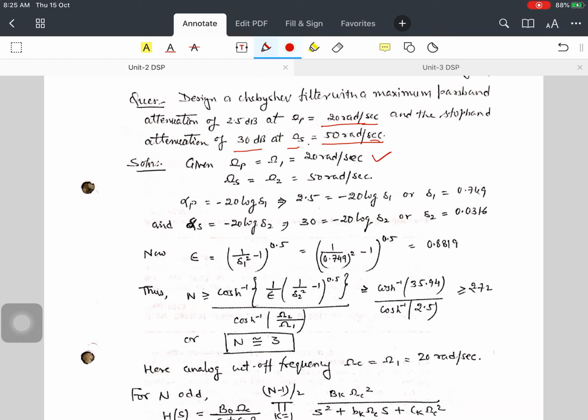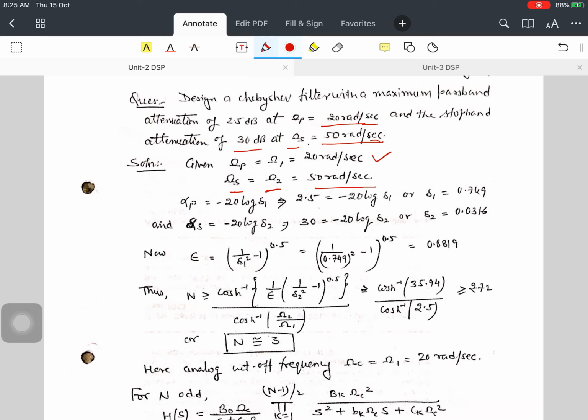And omega s, that is the stop band frequency, is 50 radian per second, that is equivalent to omega 2. So omega 1 and omega 2 are given.